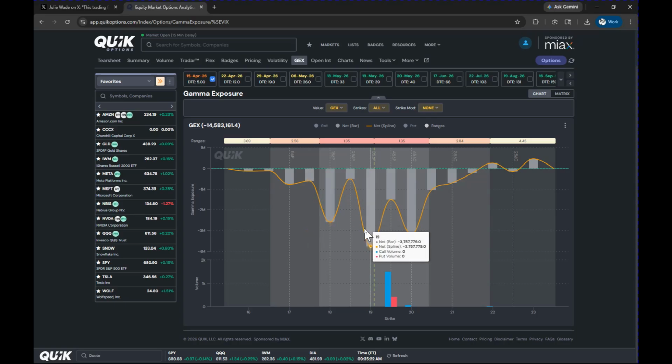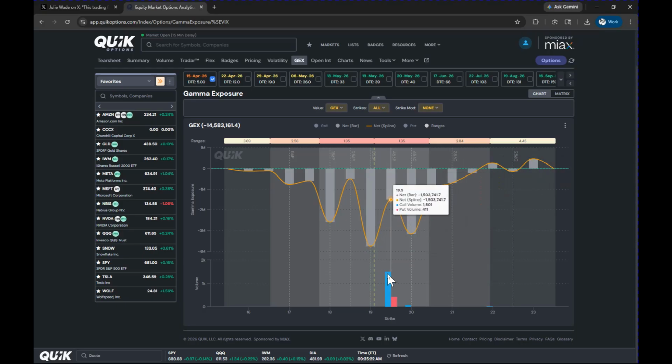Now, negative gamma for VIX is not the same as negative gamma for the ES or the SPY, SPX rather. Negative gamma is actually bullish. Positive gamma is bearish because it's opposite of what the market is. You have to just keep that in mind.